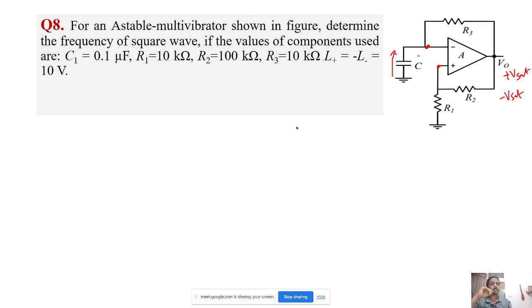The same is exploited here, but instead of giving an input, we are connecting a capacitor, which depends upon the output voltage. The capacitor will charge to a particular point, and this voltage is compared with this node. That's it.